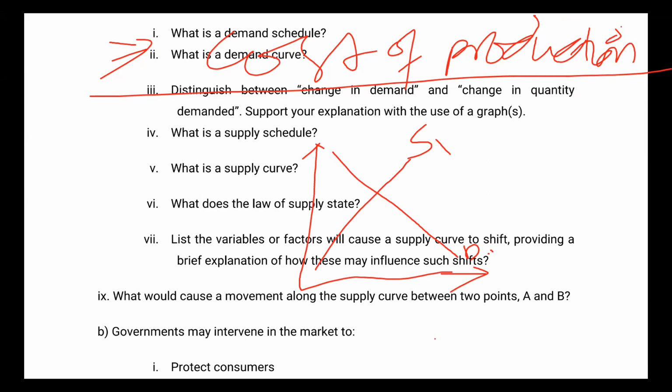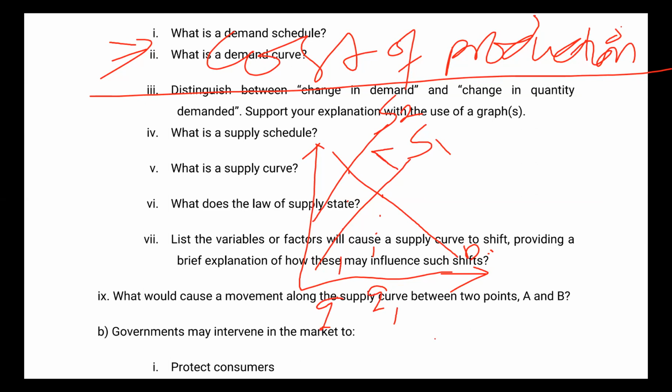Sir, can I try to come in? Yes. Okay, so supply will shift to the left side. When the cost of supplying is high, suppliers tend not to supply.